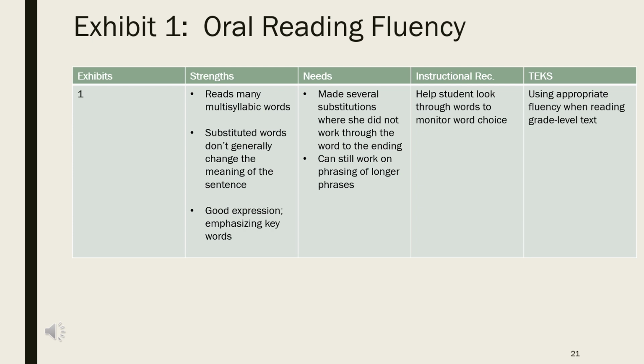An instructional recommendation for Alyssa would be to help her look through words to monitor her word choice. So help her read through the entire word, maybe help her slow down a little bit to monitor her word choice, because she's reading the author's words, but at the same time, what she's saying out loud is part of her fluency, right? And the TEKS that's connected to is using appropriate fluency when reading a grade level text.